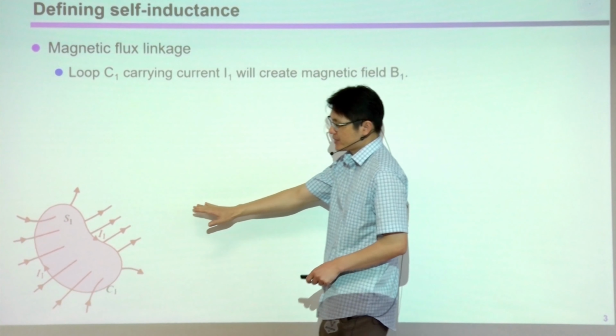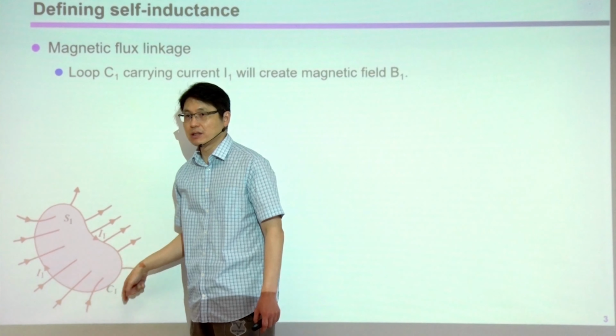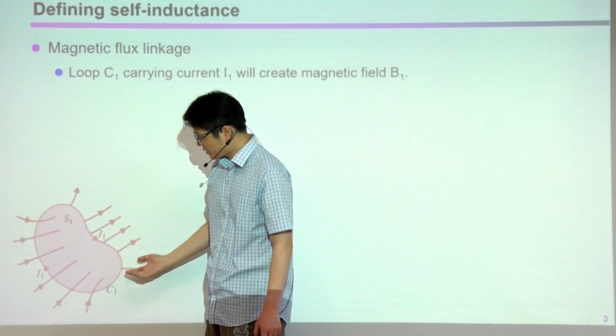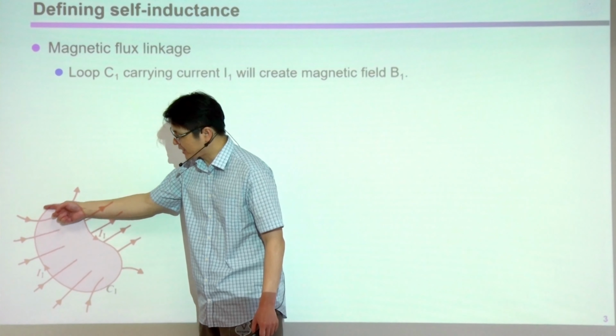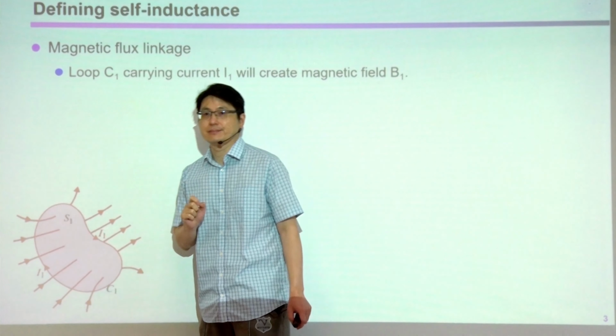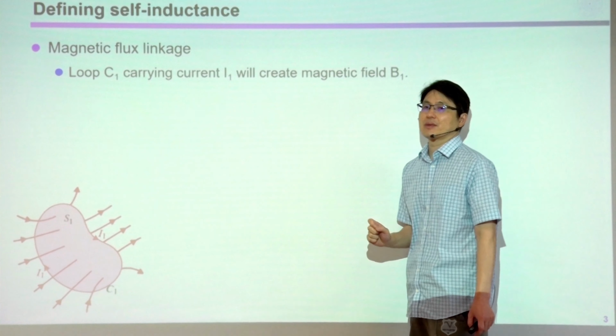Assume in space we only have one single coil which conducts a steady state current of I1. Okay?